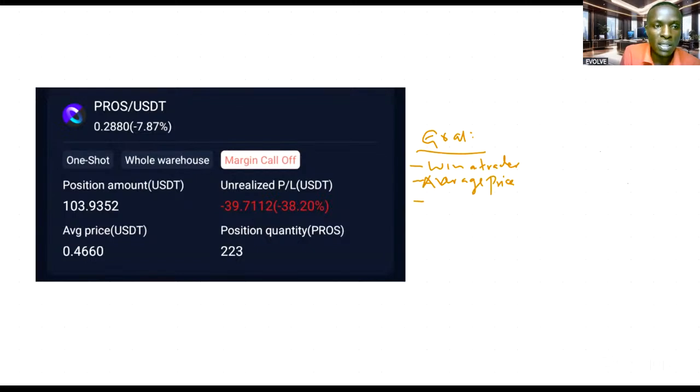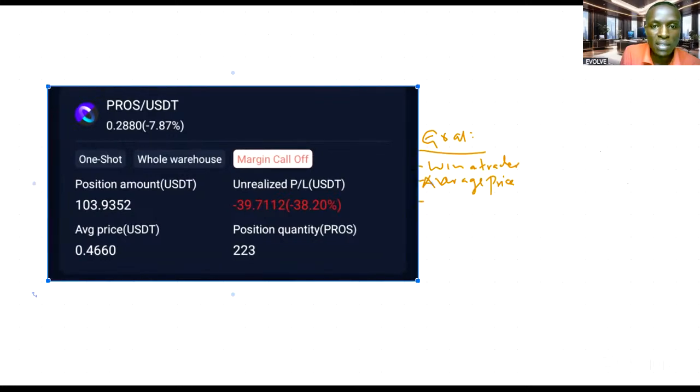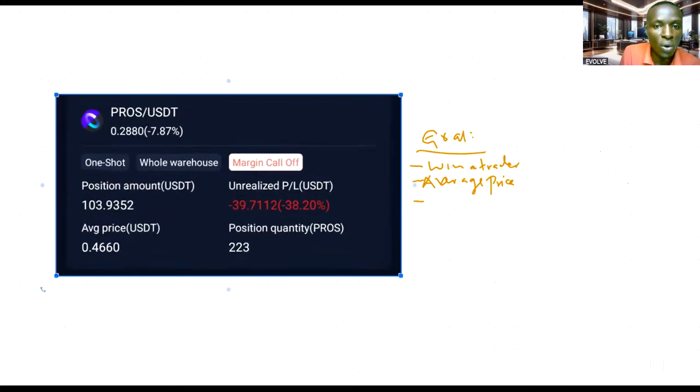Having a basic understanding of this page will save you from unnecessary stress, because you shall know how your trade is behaving and you know what to do to either get out of it if you wish to do so.